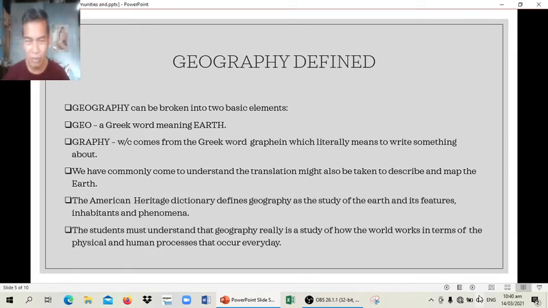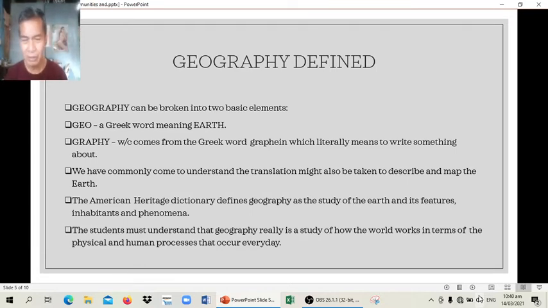So if we are going to take the very literal meaning of geography, we can say that geography means to write something about the earth. That's the very literal meaning of geography. But of course, there is more to that. Mayroong pang higit doon. We have commonly come to understand the translation might also be taken to describe and map the earth.